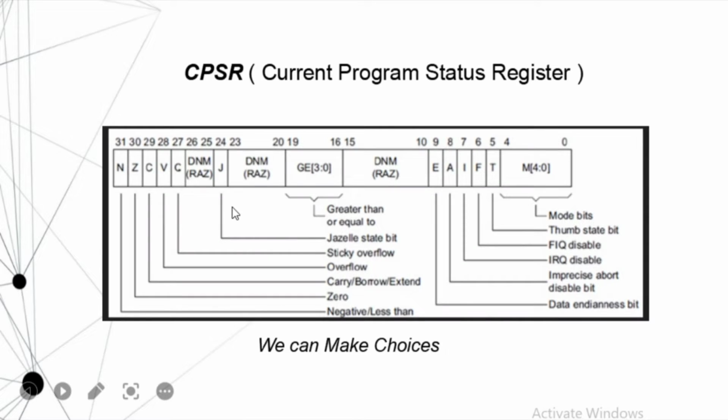The next bit, the 24th bit, is the Jazelle state bit. If you code your program in Java, then you need a JVM, or Java virtual machine, by which your Java bytecode gets executed on your host environment.